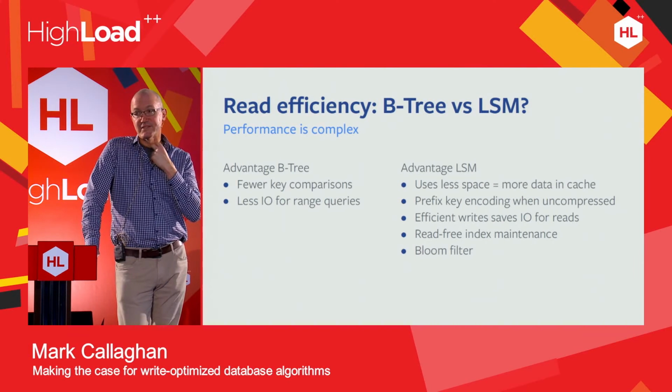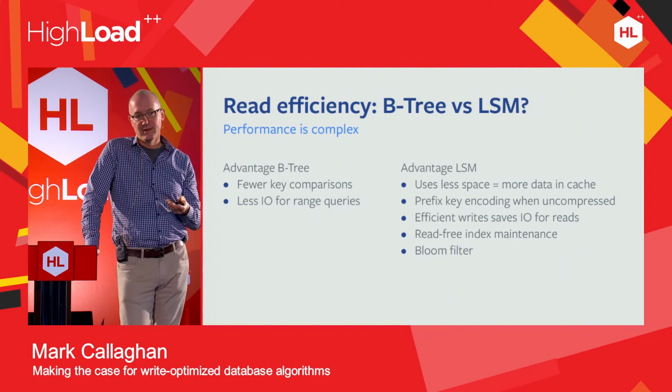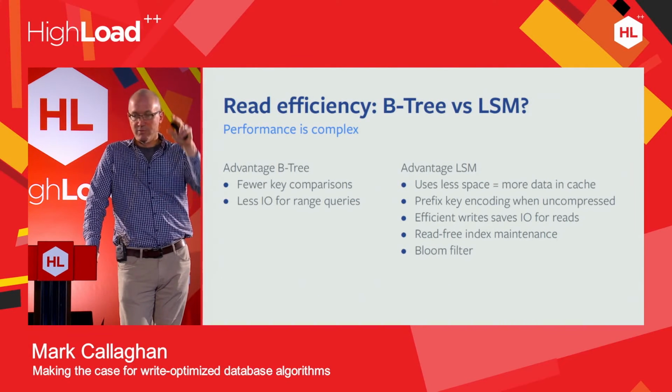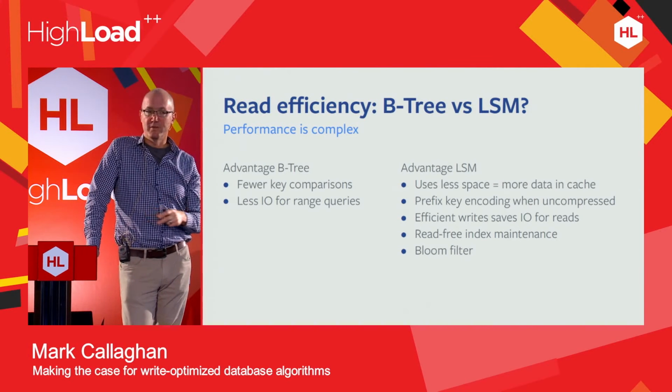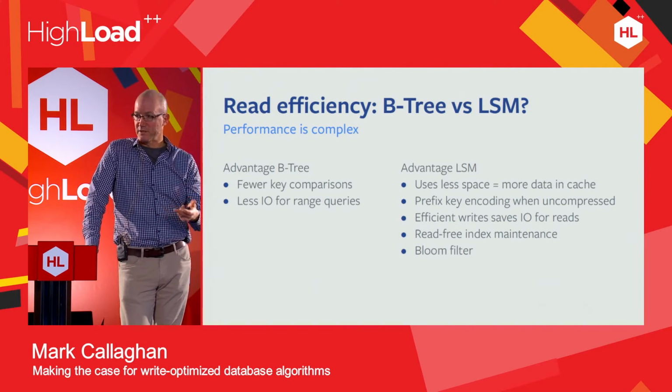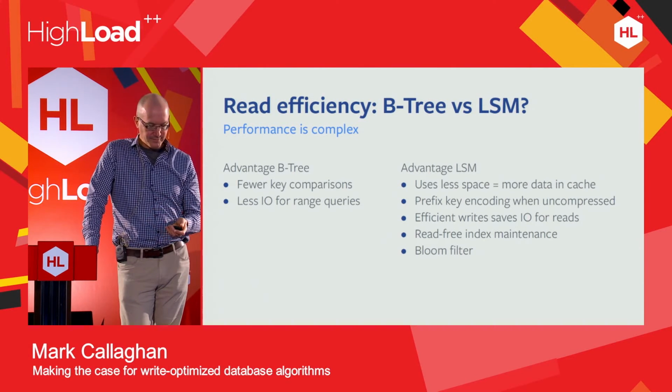For non-unique indexes, the maintenance is a delete followed by a put. And both of those are just write-only operations into the memtable that RocksDB uses. So there's no disk read being done for that. For unique indexes, including primary keys, we need to do a read to confirm that we're not violating uniqueness.